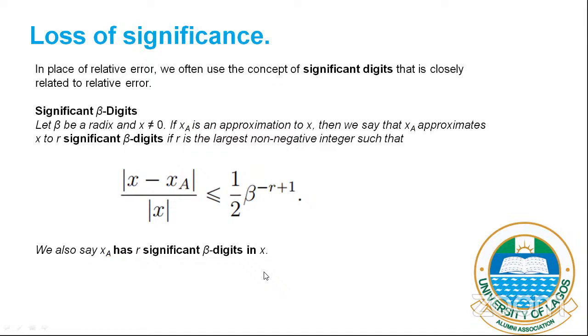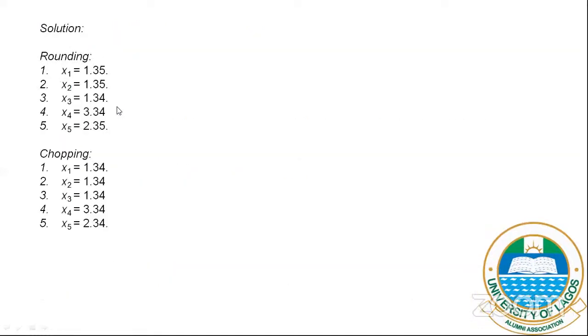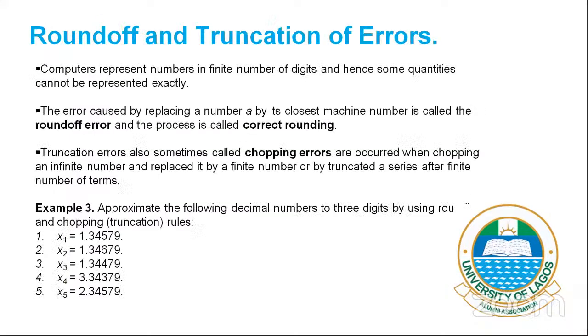Please go back to where example 3 is. We're also giving reference to that. Now you said, approximate the following decimal numbers to 3 digits.